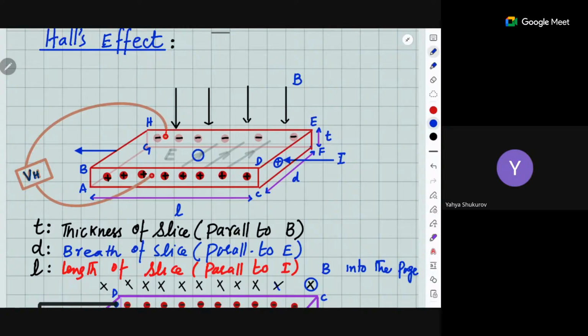There are two forces acting on it: an electric force in this direction, and a magnetic force in this direction. When these two forces become equal and opposite, a constant voltage is developed across the slice, and it is named the Hall voltage.